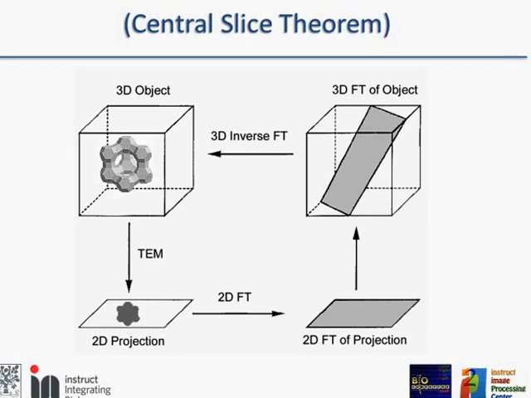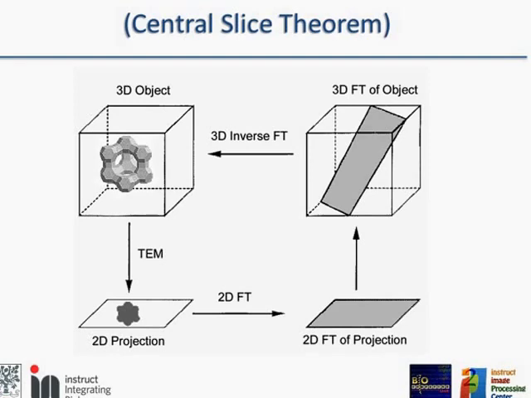This 2D function is in fact a plane of the 3D Fourier transform of this object. You compute a 3D Fourier transform of this, you are here in the 3D Fourier space, you compute the 2D Fourier transform of this image, you are in the 2D Fourier space, and this plane fits somewhere in the 3D Fourier transform of the object.